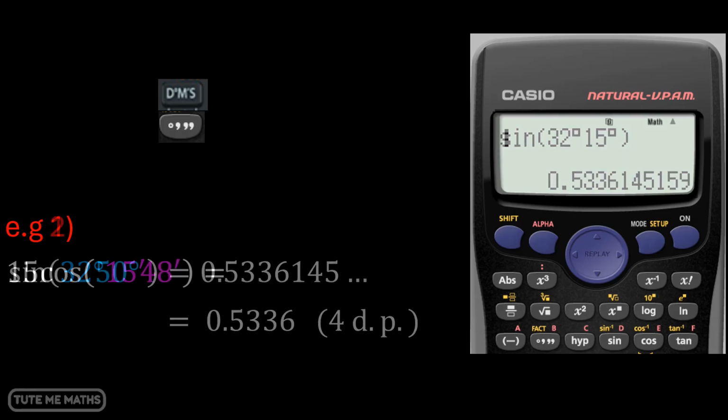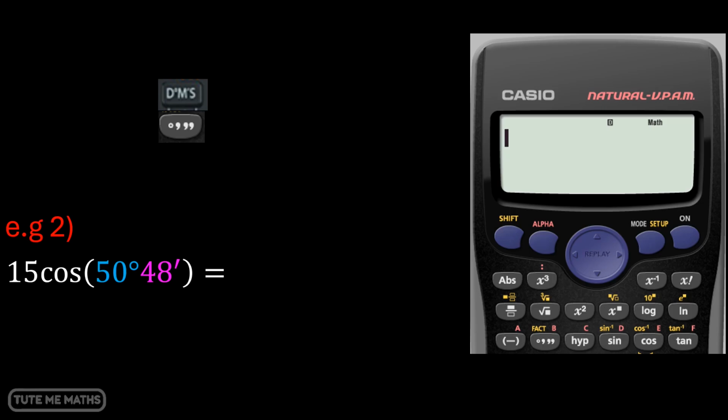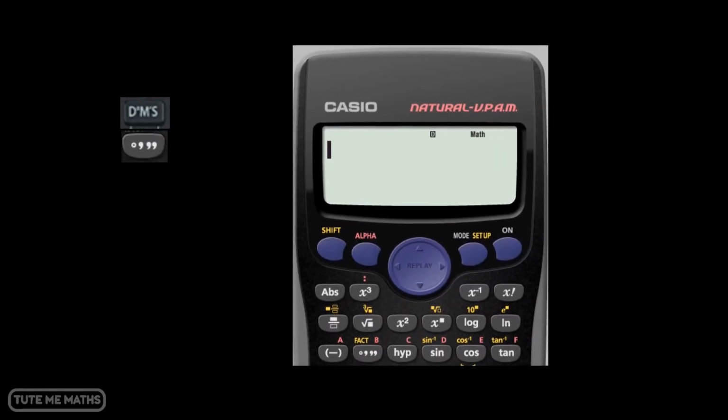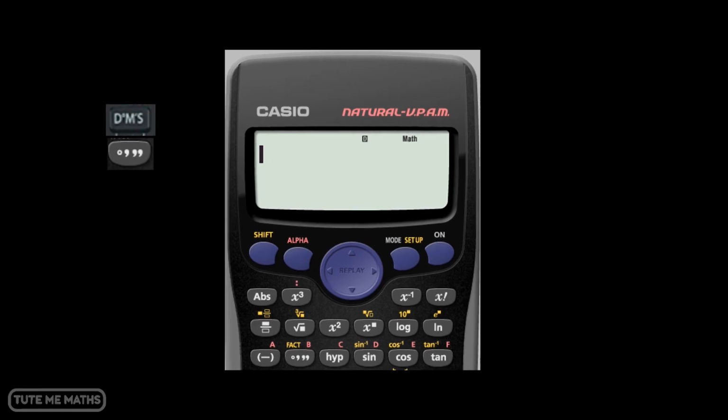Pause the video if you'd like to try this calculation, which could be required when calculating an unknown side in a right triangle. Typing 15 times cos 50 degrees 48 minutes, then equals gives us this unrounded answer, which is 9.5 when rounded to 1 decimal place. As you can see, it's fairly straightforward to enter angles in this form.